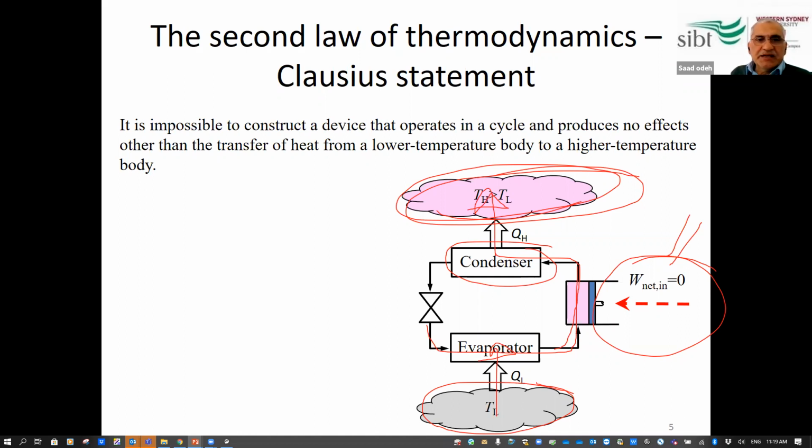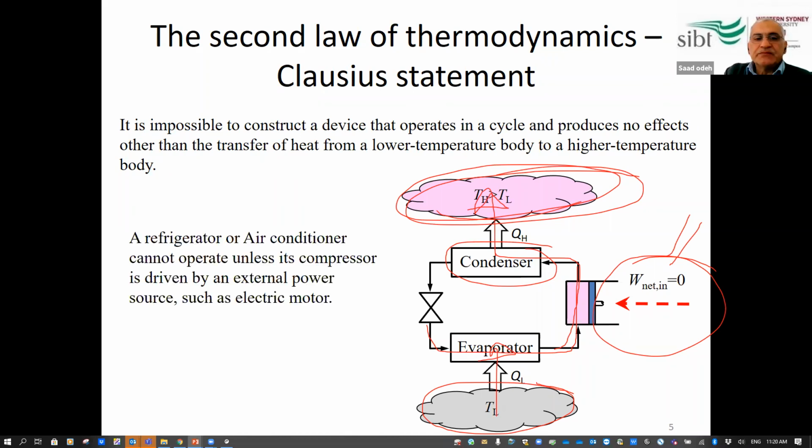The second law states that it's impossible to construct a device that operates in a cycle and produces nothing more than transferring heat from one side to the other without providing work. We have to provide work.